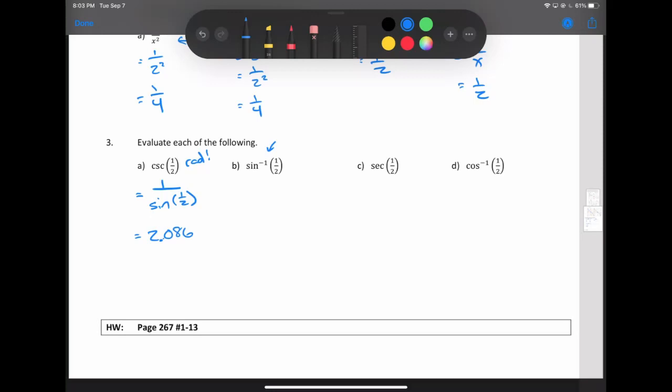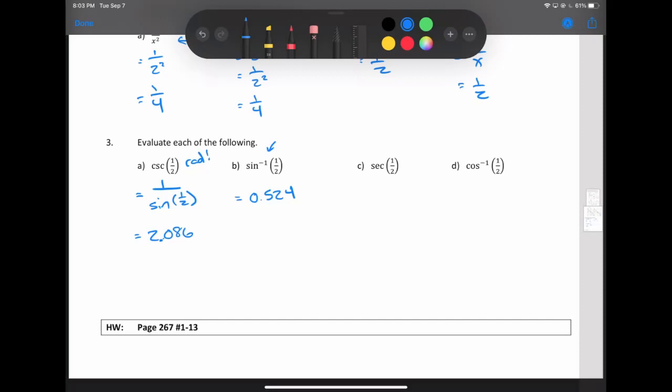And again, your calculator might have an inverse button or a shift button. Mine's a second function. And when you do that, this is going to be 0.524, I guess it rounds to.